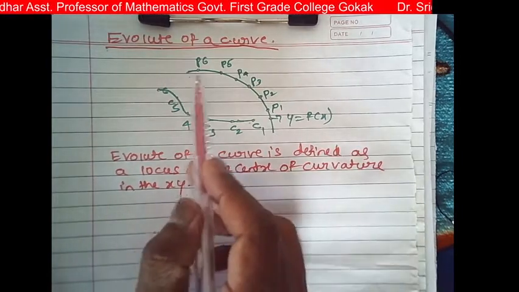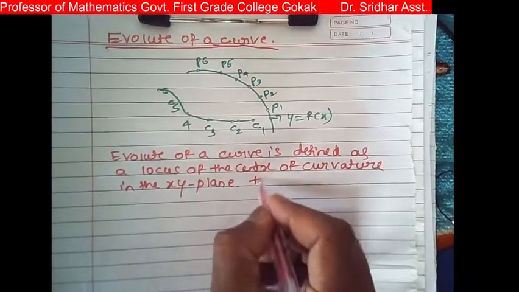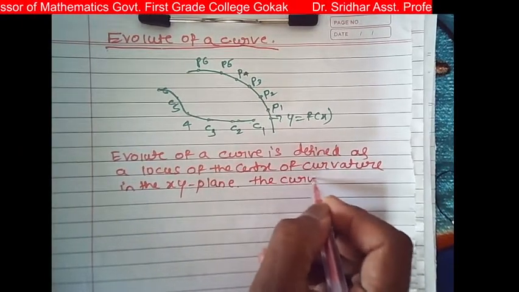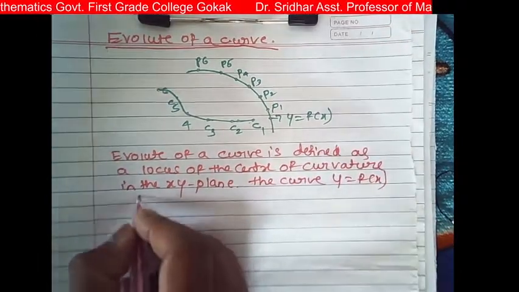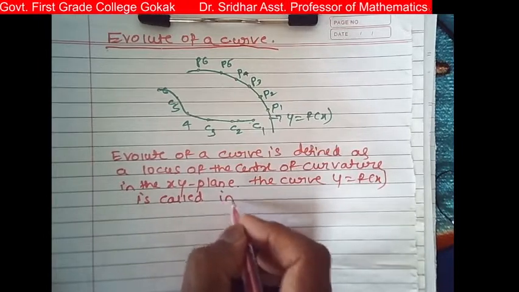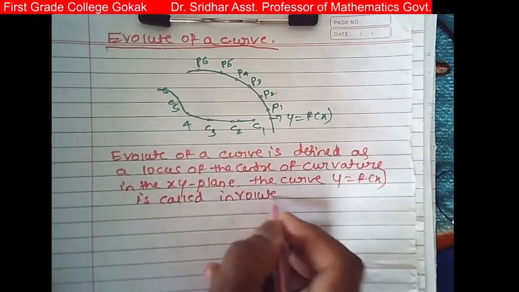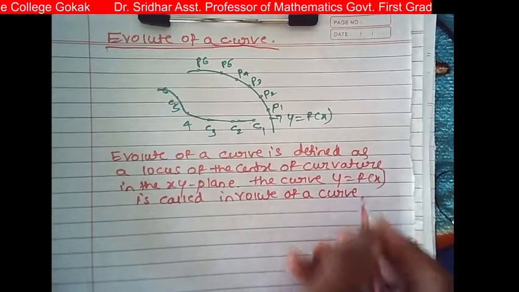So next, the curve y is equal to f of x is called involute of a curve. Involute of a curve.